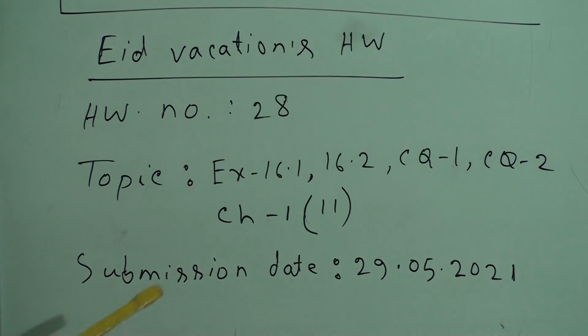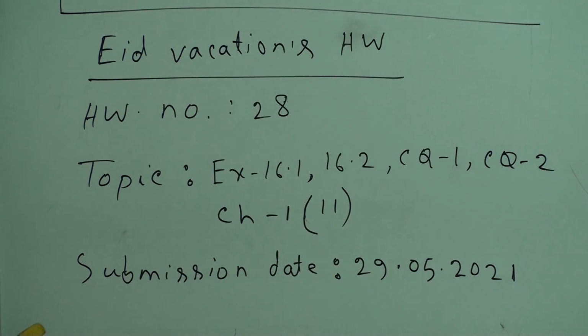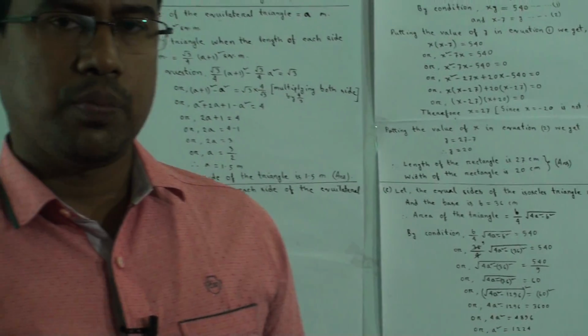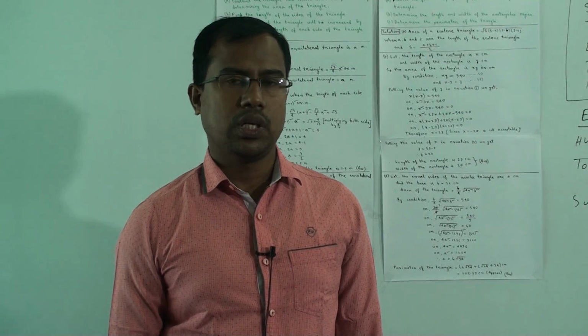In next class we will solve question number 11 from chapter 1, and you have to submit this SW in 29 May 2021. Okay dear students, do your SW properly and submit on 29 May 2021.